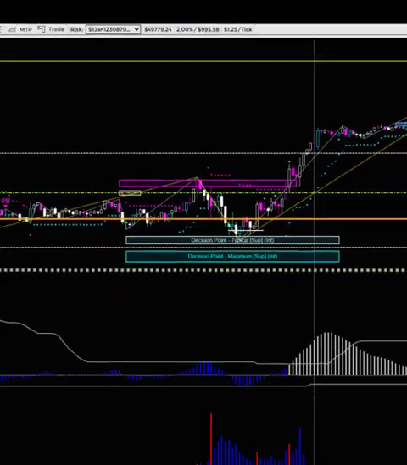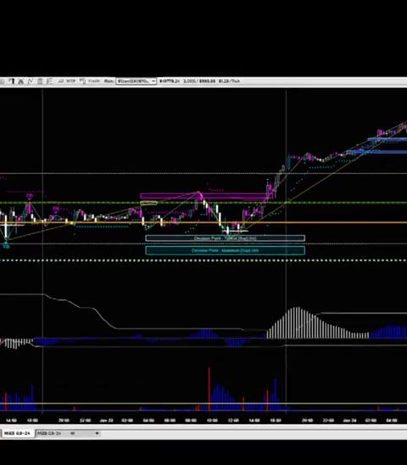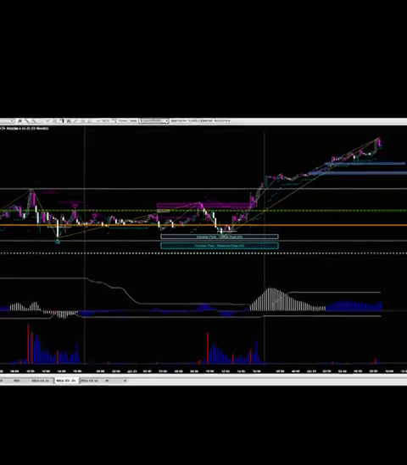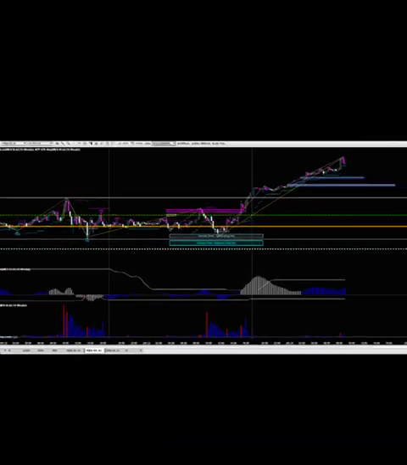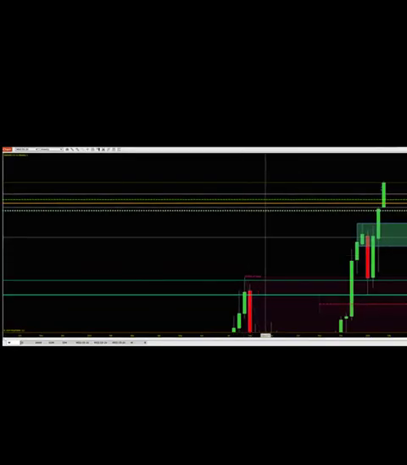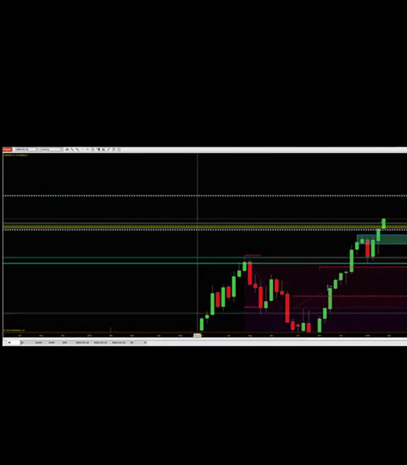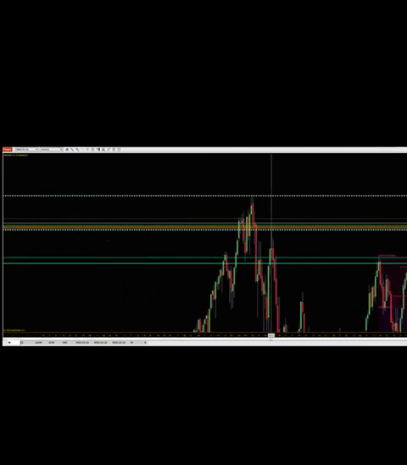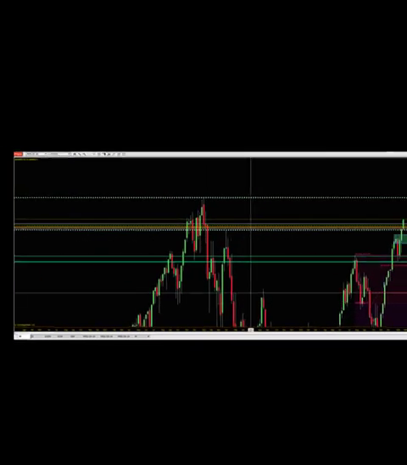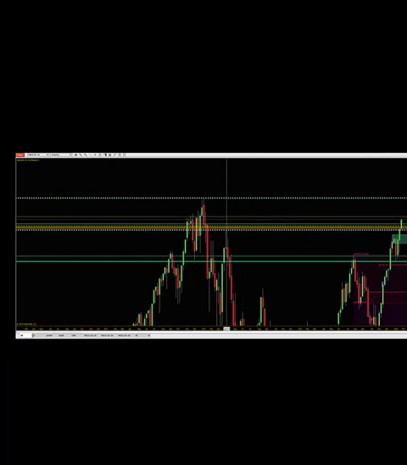Now let's say I want to find out where this thing's going. I'm going to go all the way out to a weekly chart, and I want to scrunch that up a little bit. I could make a decision point off of here or off of here.